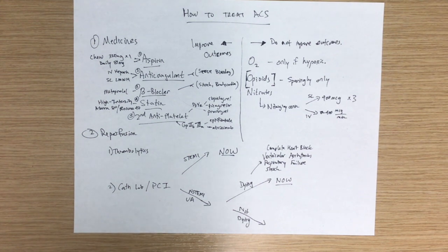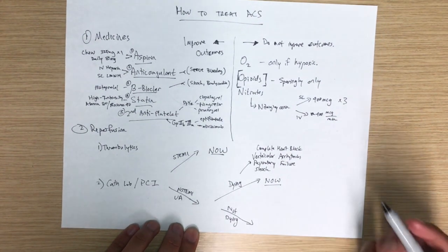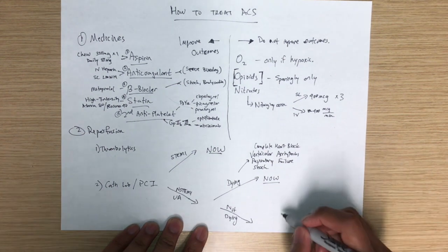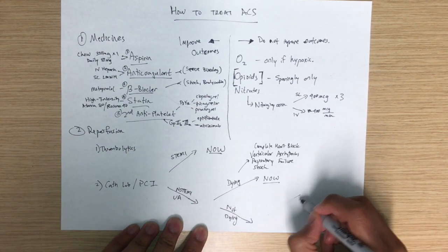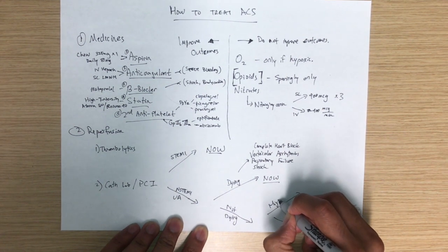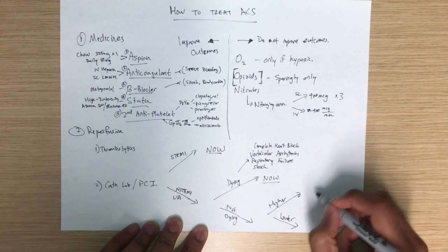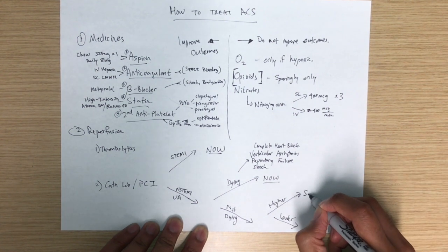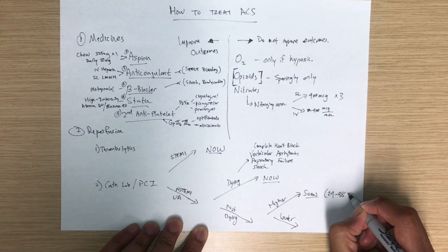If none of those things are present, then the question becomes, how high risk are they? And the way that in general it works is you sort of split people into higher risk or lower risk. And the people who are higher risk should probably go soon, maybe 24 to 48 hours.